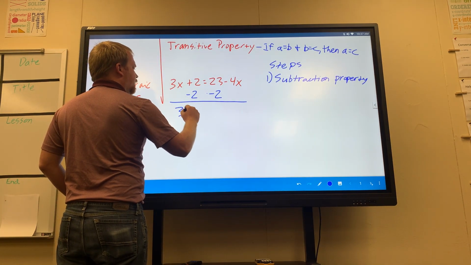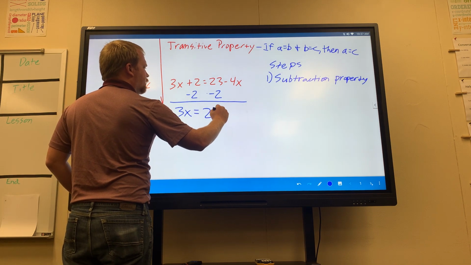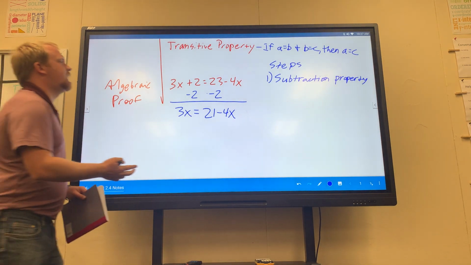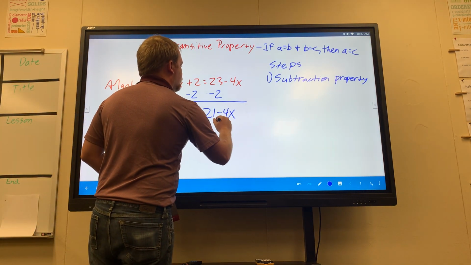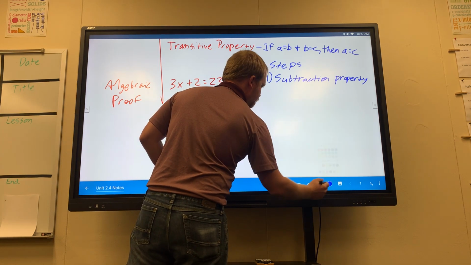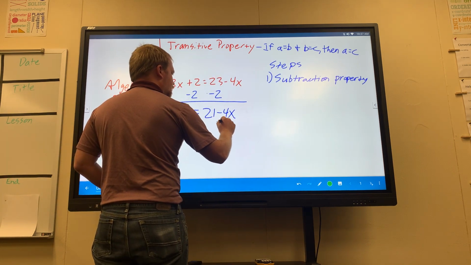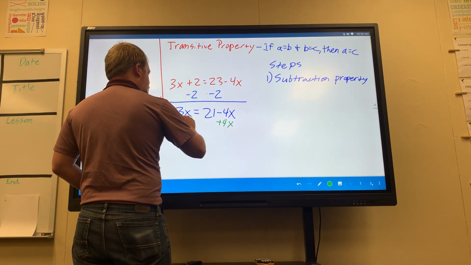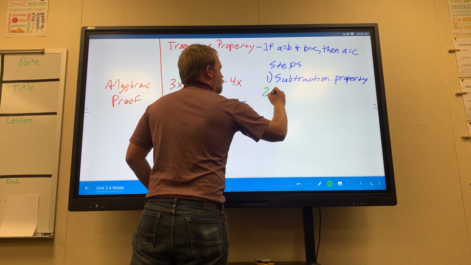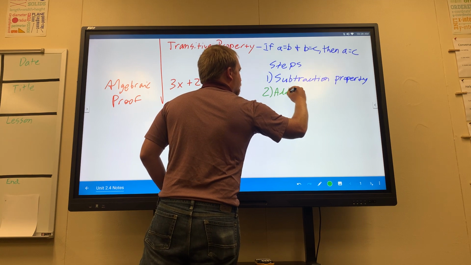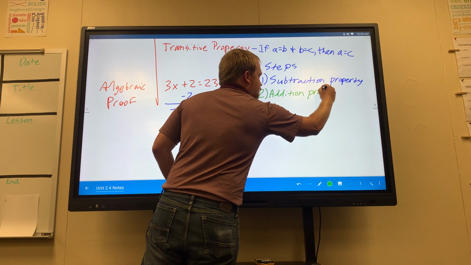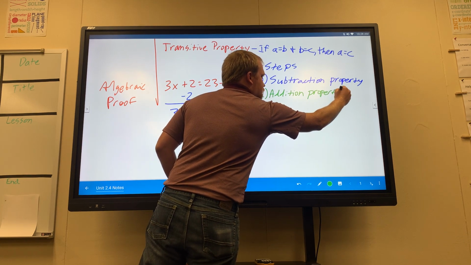So then I'm going to get 3x equals 21 minus 4x. Okay? Now I've got to add 4x to both sides. But check this out. And in fact, let me actually do it in green so that y'all can distinguish the difference. My operation is addition. So I'm doing addition property. Okay?